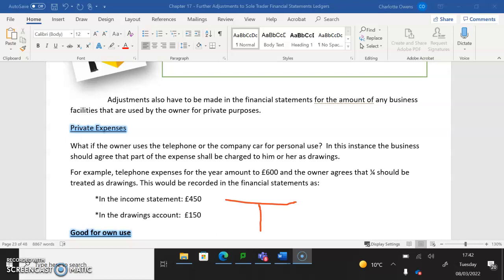So apologies, I'm not using my pen here, I left my pen at home, so I'm just using the actual draw function, so it might not be as clear. So we know under duality that every debit has an equal credit.